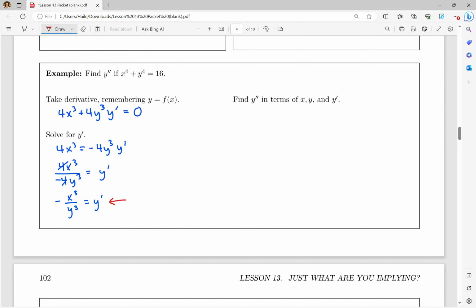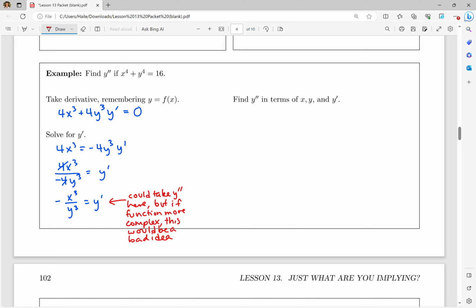So here we could take y double prime here, but if the function was more complicated, this would be a bad idea. So we could start with the explicitly solved derivative, and we could take y double prime.